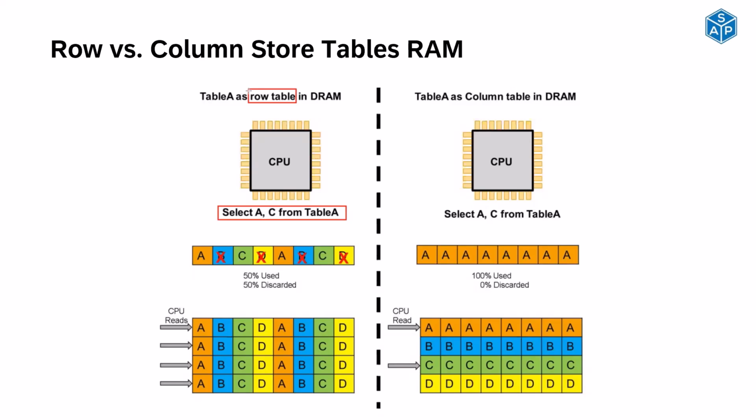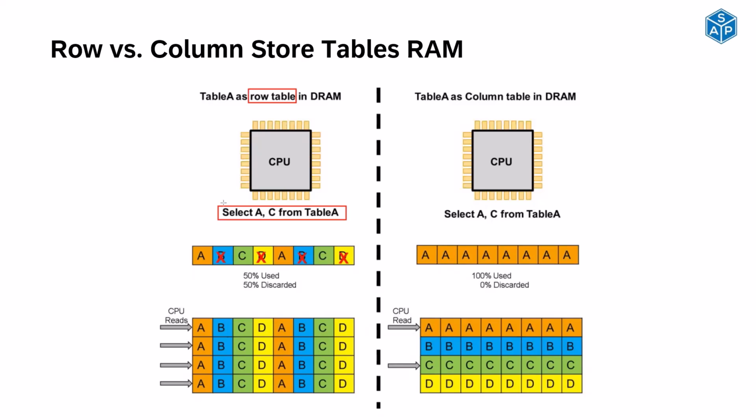Since your database is a row store table, it has to load the whole row, which means it will load all the data from the 50 columns into the memory.